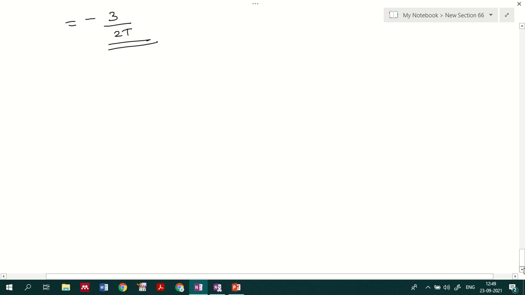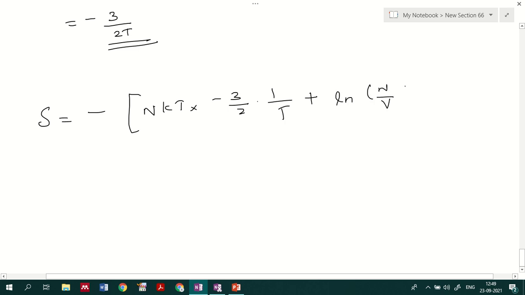Now we'll come back to the exact representation, where we'll have S is equal to minus nkT into dou by dou t of ln n by V lambda cube minus 1, that is minus 3 by 2 into 1 by t, plus we'll have ln n by V lambda cube minus 1 into nk.